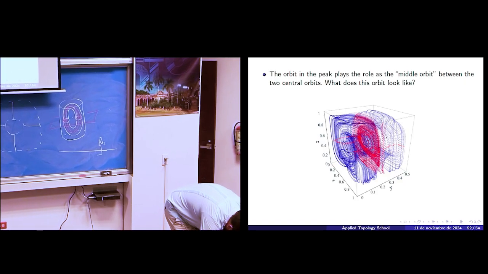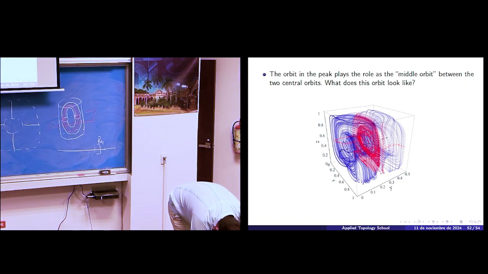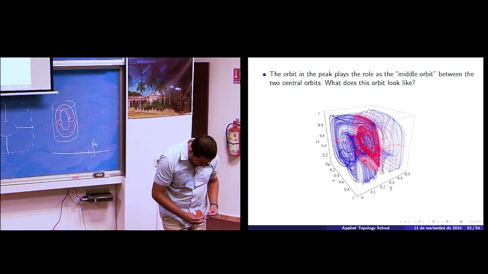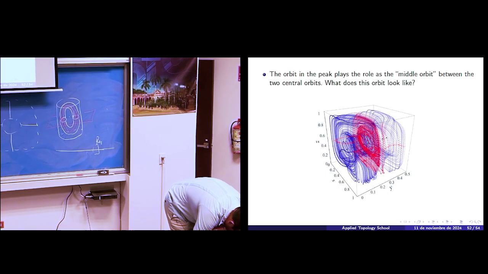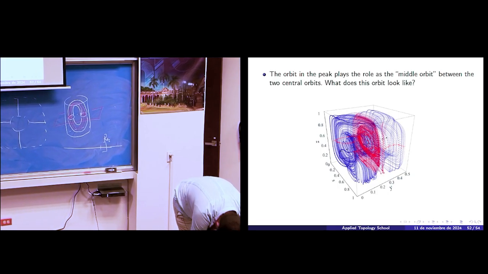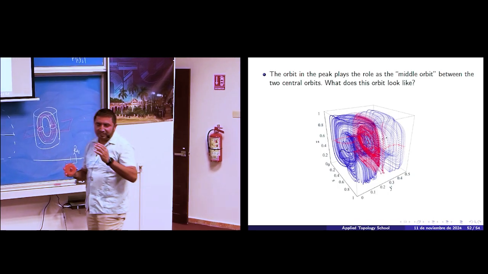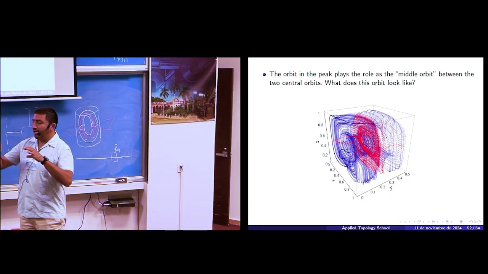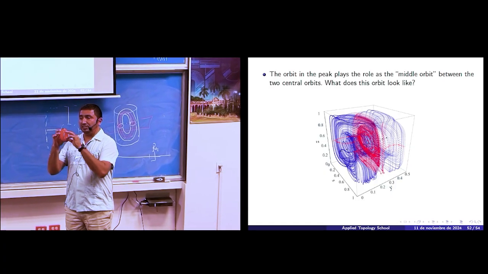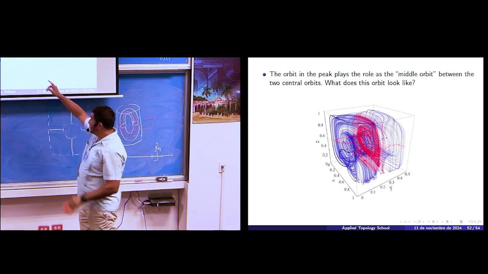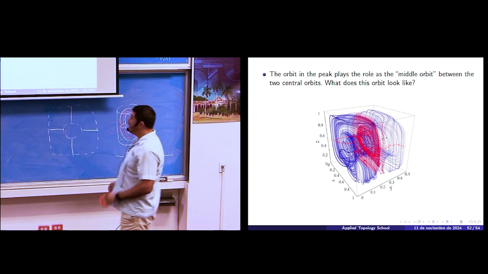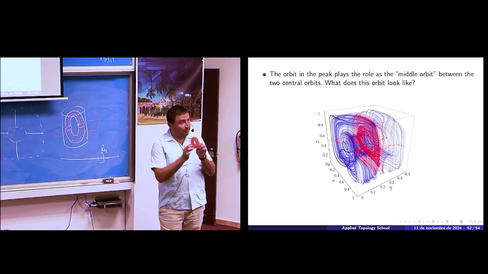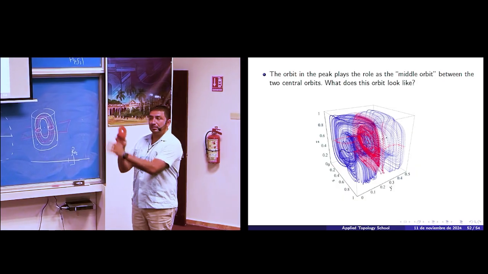Sorry. Imagine that we have two tori. This is too thin, but okay. Then we place two tori in this way, and the structure is similar to this: two tori placed around this part.